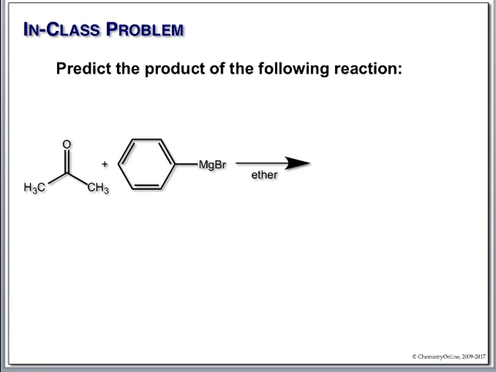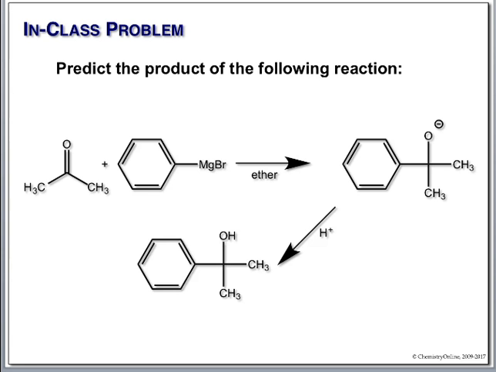Carbonyl is going to be an O minus, and it's going to look like this. 2 methyl groups and a phenyl. When we finally dump it into water, we're going to protonate the O minus, and we will make this.